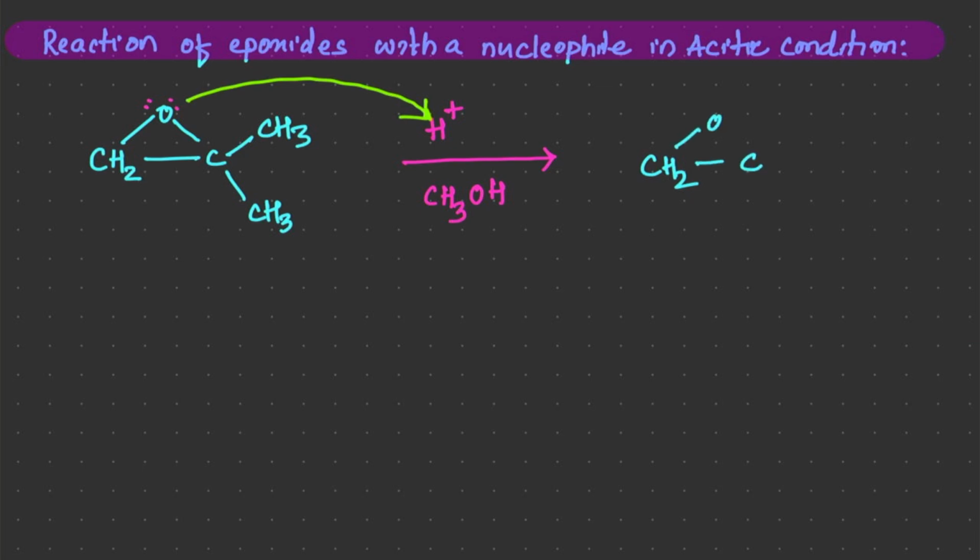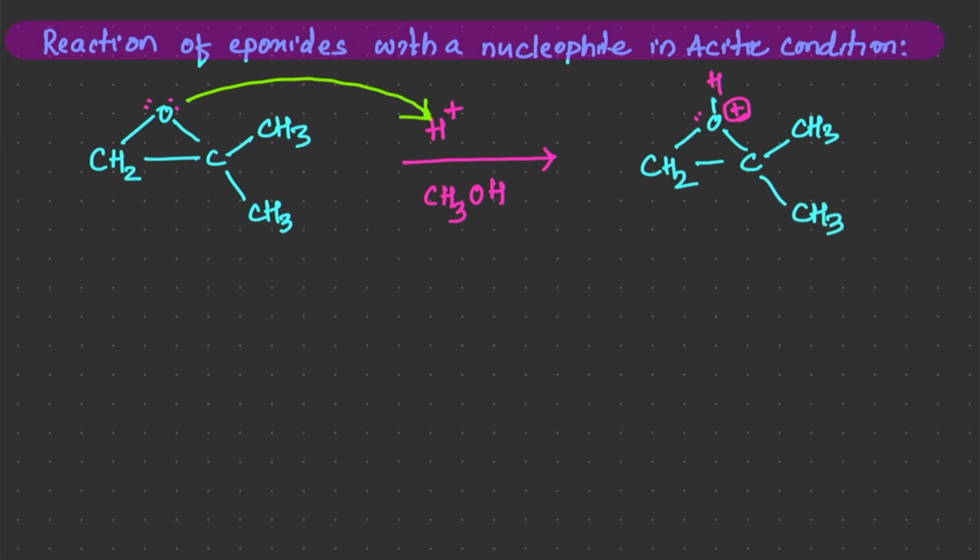It looks something like this. So you get O-H. Now oxygen has 3 bonds, so it will become positive. 3 bonds means positive. And on the other side we have our CH3.